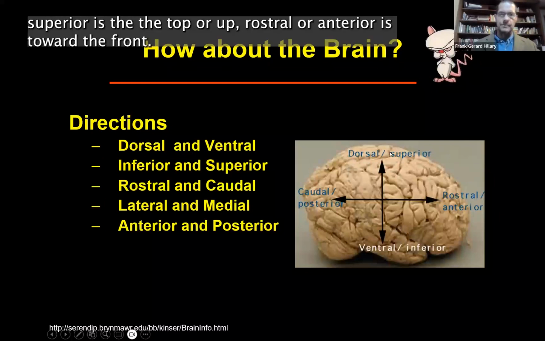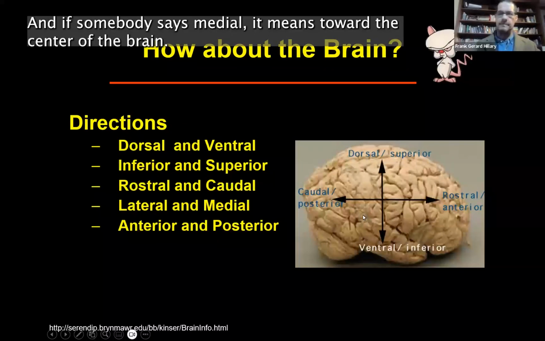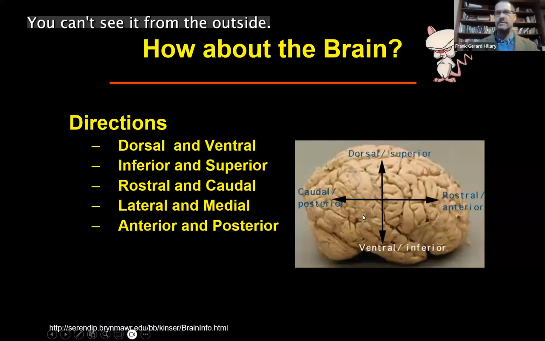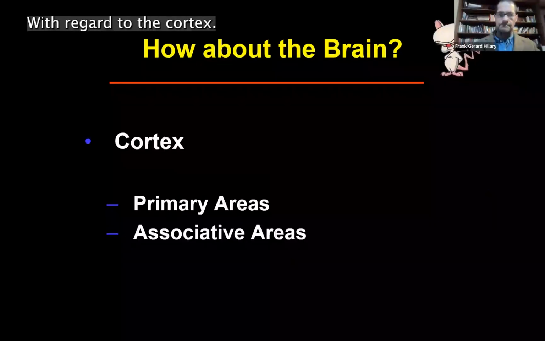Dorsal or superior is the top or up, rostral or anterior is toward the front, ventral or inferior is toward the bottom, and caudal or posterior is toward the back. If somebody says medial, it means toward the center of the brain. You can't see it from the outside. Keep those in mind, and you can use this slide to help orient you to where we're talking about with regard to the cortex.